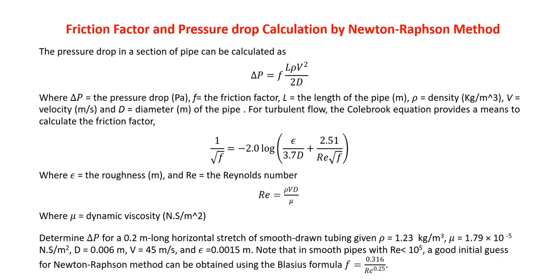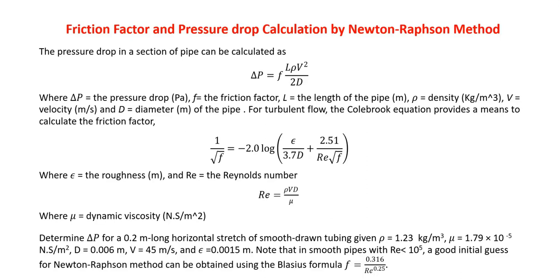And for Newton-Raphson method, we need an initial guess. So note that in smooth pipe with Re less than 10 to the power 5, a good initial guess for Newton-Raphson method can be obtained using Blasius formula, that is F is equal to 0.316 Re to the power minus 0.25.